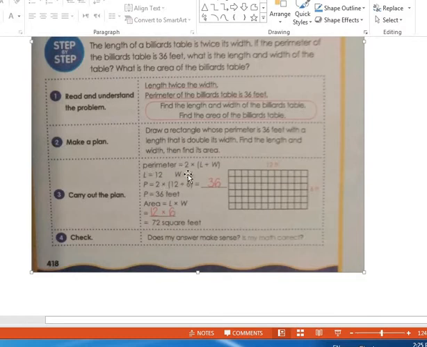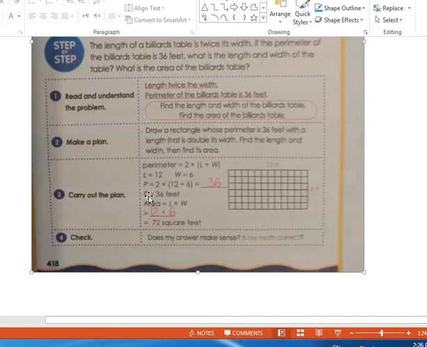I know that the perimeter of the rectangle equals 2 times (L plus W), length plus width, all times 2. So the length here I have 12. Width equals 6.